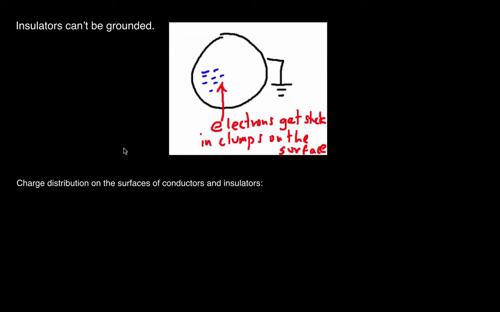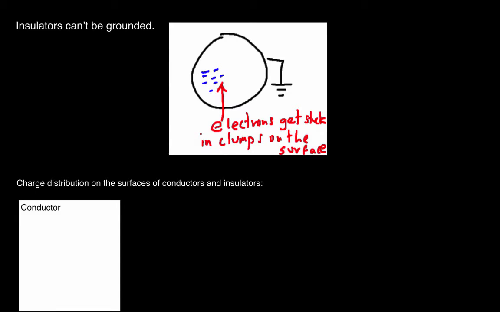Now, often you'll be asked to determine or describe the charge distribution on the surface of a conductor or an insulator when it's been charged. A conductor, when it's negatively charged, will have all the negative charges spread out evenly over the surface.